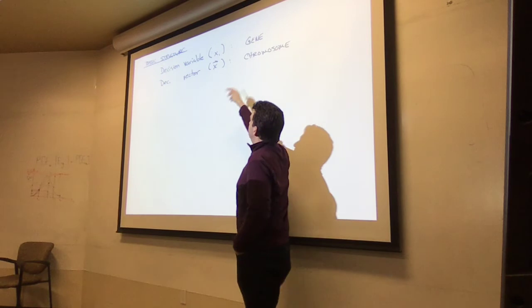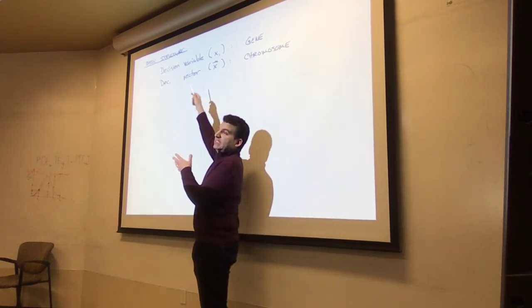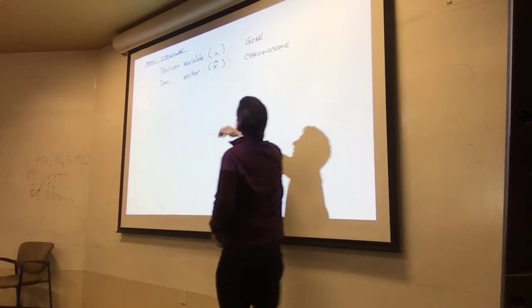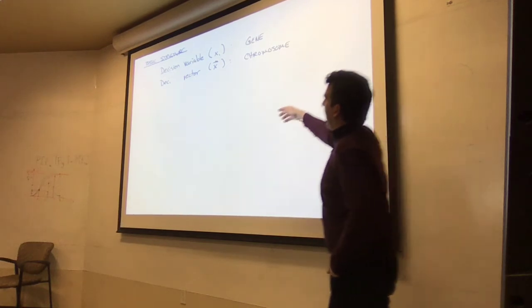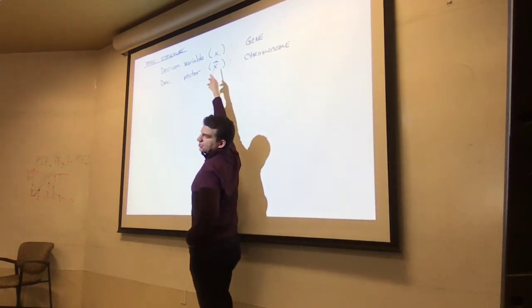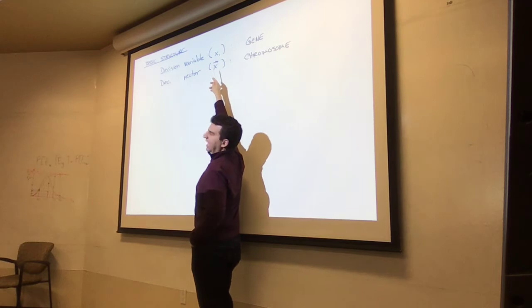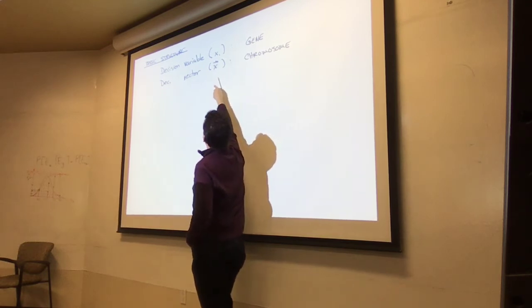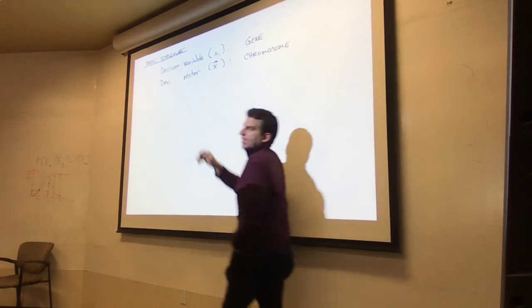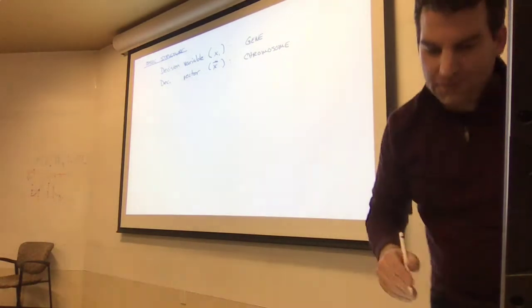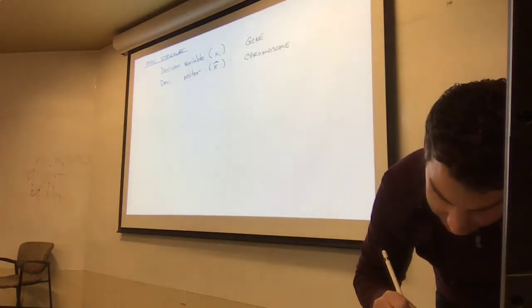There are a bunch of different ways to encode those genes, and we'll go over that. But basically the idea is we have something in the real world, a decision variable, we're going to call a gene. The thing that can vary is what we call a gene, and the collection of them together is what we're calling a chromosome.